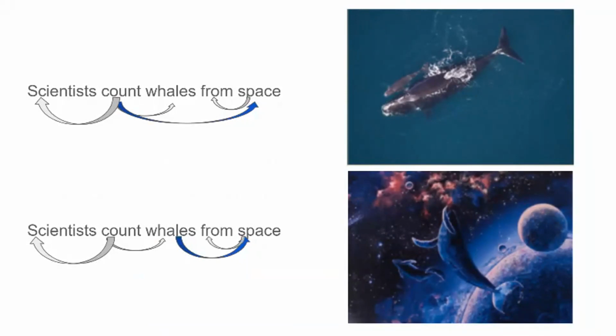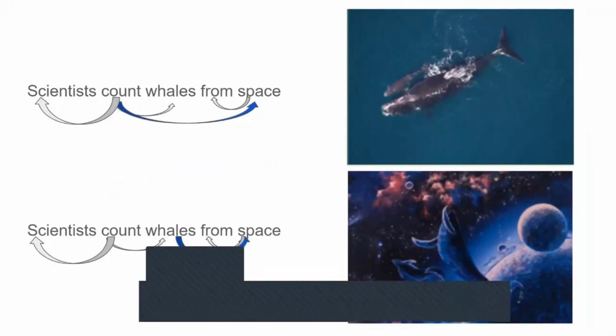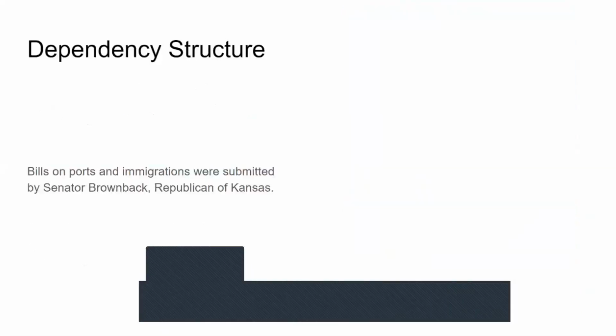So here is an incredibly boring sentence, and we want to make this into a tree structure. And how are we going to do that? The tree structure represents all of the arrows that we put in. So let's start by putting in arrows for this sentence.